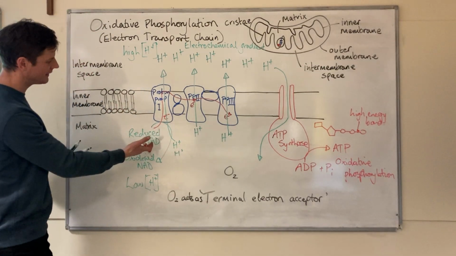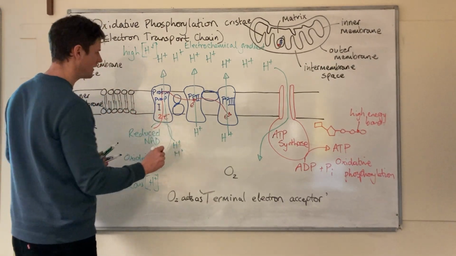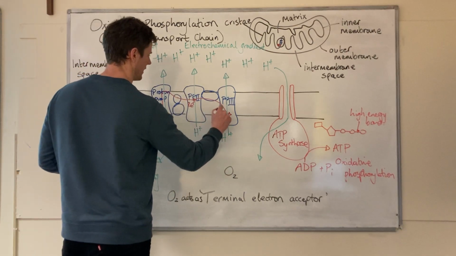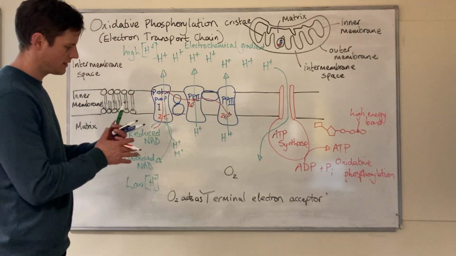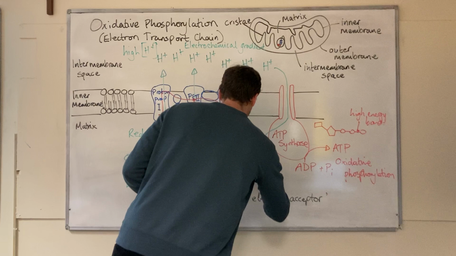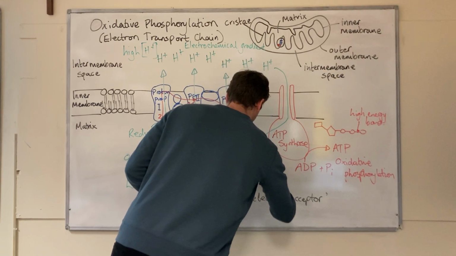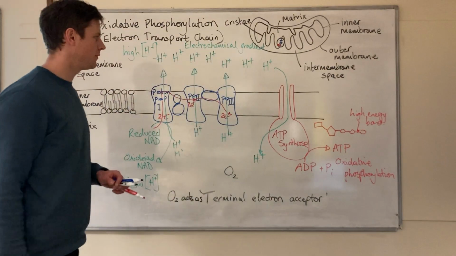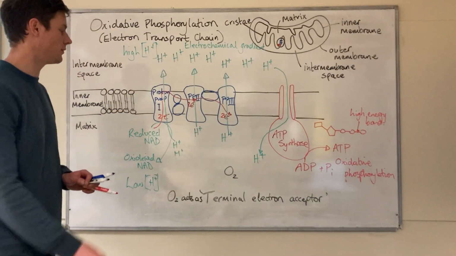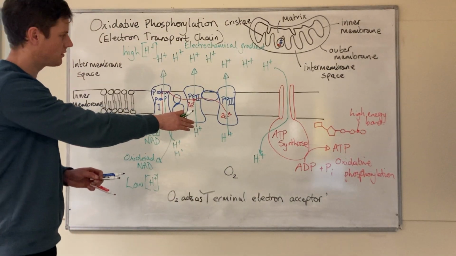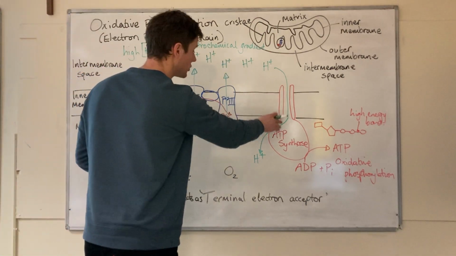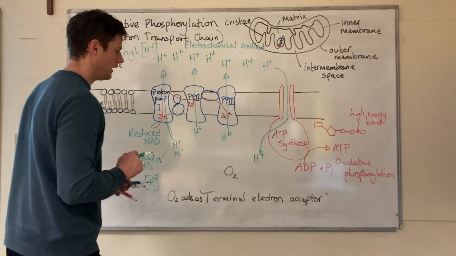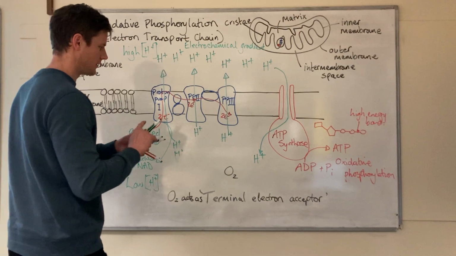When reduced NAD is oxidized, it actually gives up 2 electrons. So we've got 2 electrons there, 2 electrons there, and those protons have moved from the ATP synthase down their concentration gradient through the protein channel. Like so.